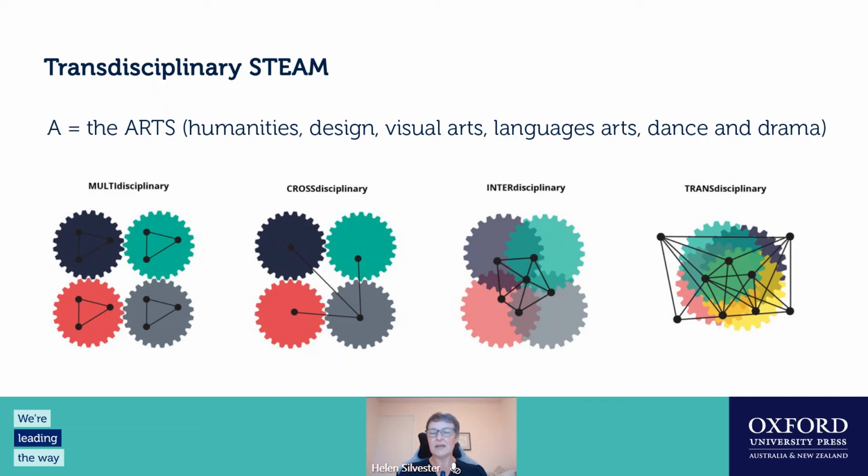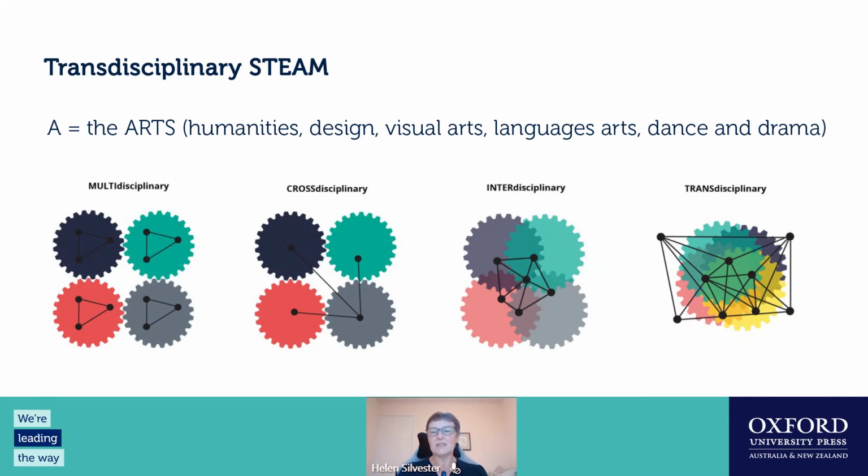Interdisciplinary is when you start having teachers working together a little bit more closely, and I'll give you an example of that. But the true transdisciplinary is when you're actually combining all those key areas into one group of lessons, and the benefit is that students see the links. They get deeper learning, and as a result of that deeper learning, they're more likely to remember it.